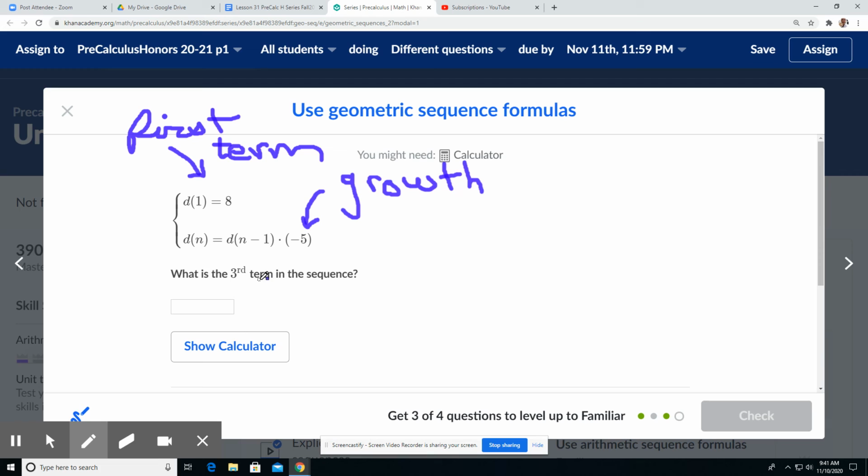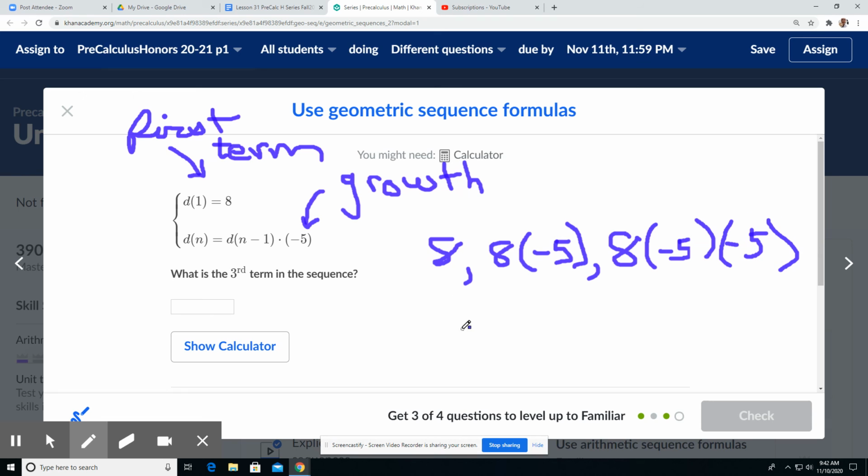And what is the third term? It's good to plug numbers in and get used to it, but the easy way is you start out with 8, and then the next term is 8 times -5. The next term is 8 times -5 times -5.